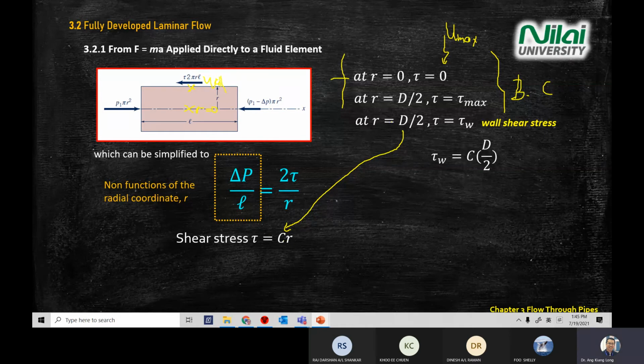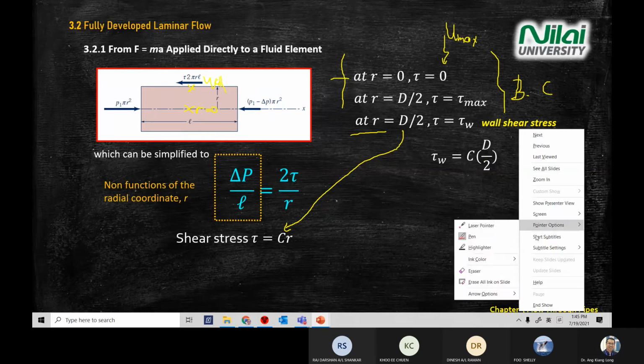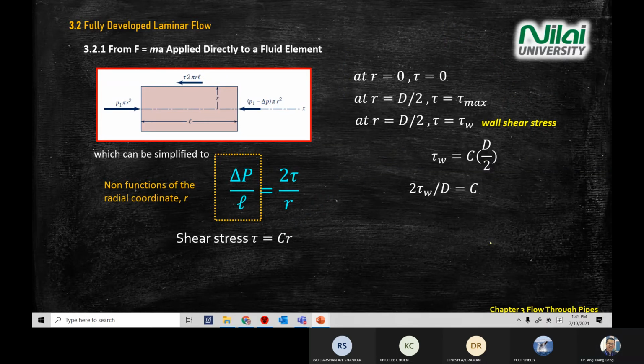Constant value times R, using this boundary condition, you get wall stress equal to the constant value times D divided by 2. You rearrange the equation: pull the D to the left, pull the 2 to the left, and your constant value equals 2 wall shear stress divided by D.